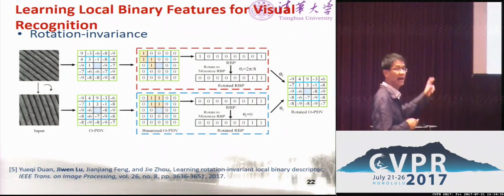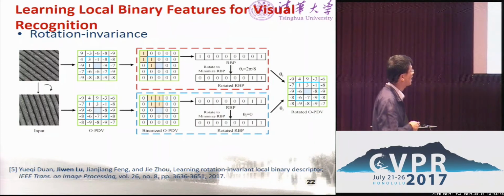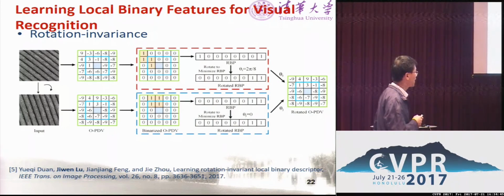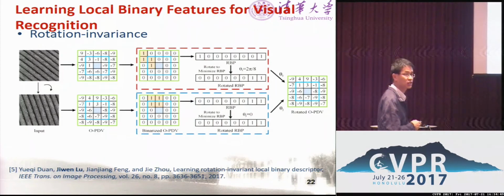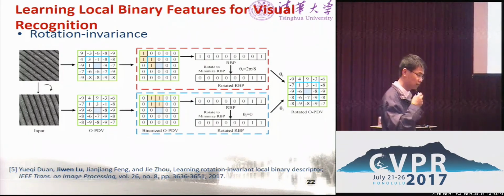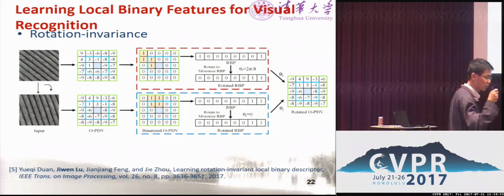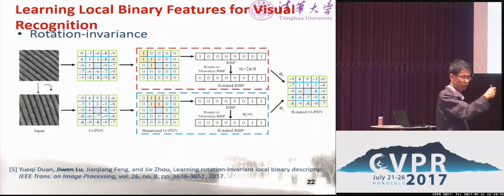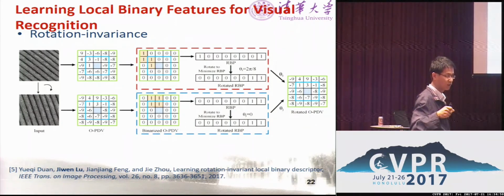We can set an ordinary or a baseline direction. For example, in this case, we can set this direction as the ordinary PDV direction. For other cases, if there are some rotations of these PDV vectors, we want to learn two parameters. One parameter projects the PDV feature into the local binary feature.